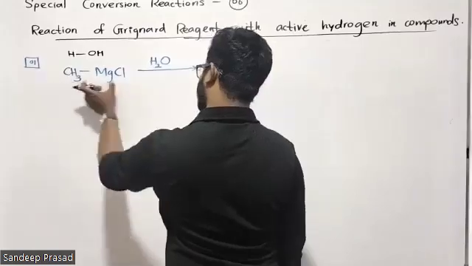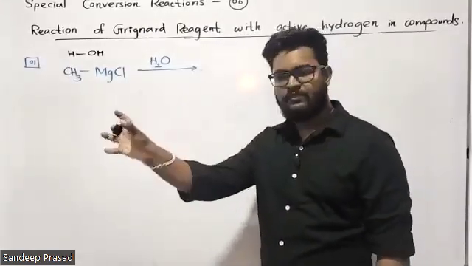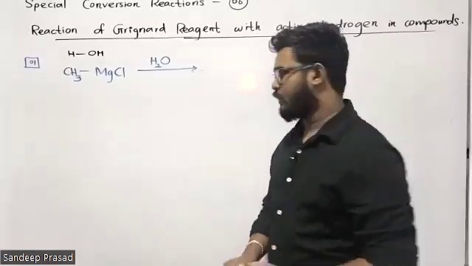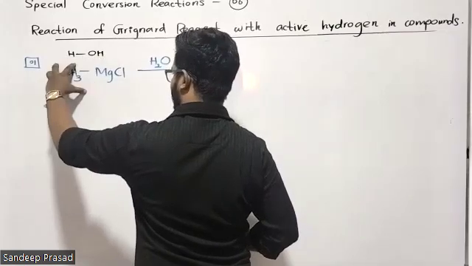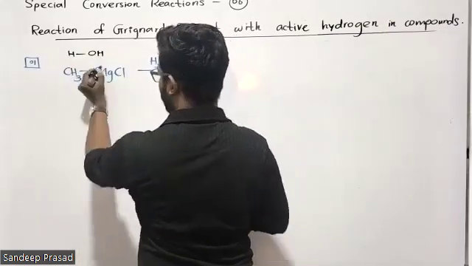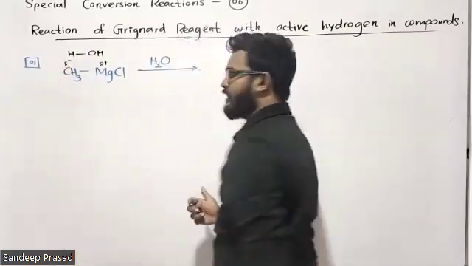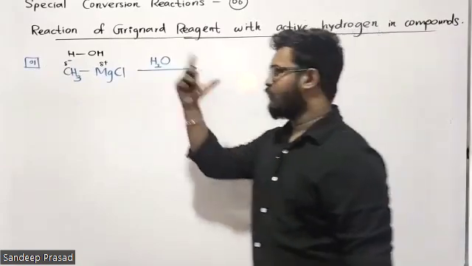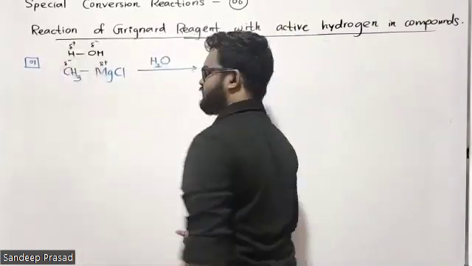Among the CH3 and MgCl groups, you have to identify which one is the positive part and which one is the negative part. Now we can separate MgCl and CH3. Magnesium is an alkaline earth metal, which is the positive one, delta plus, and CH3 is the delta minus, negative part. In the water molecule, hydrogen is delta plus and oxygen is delta minus.